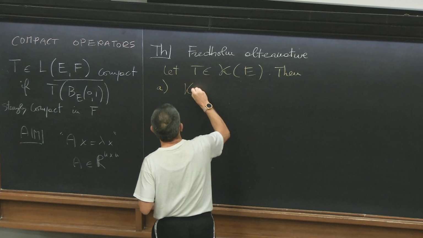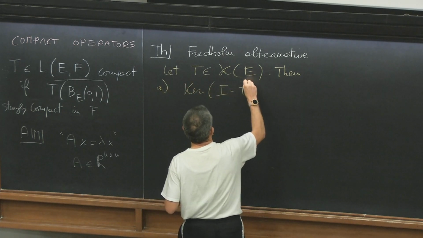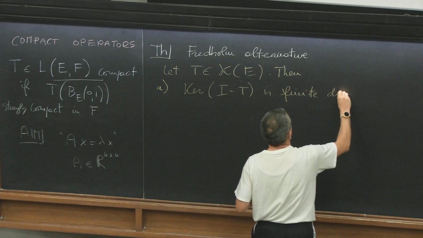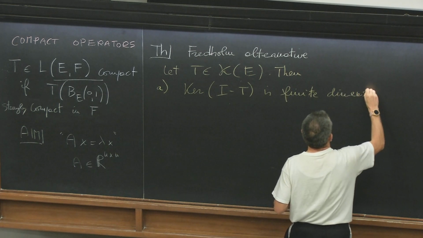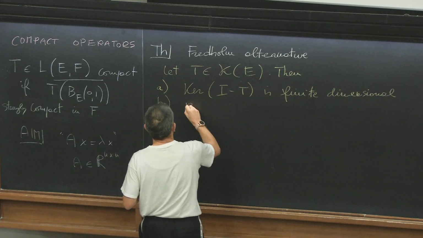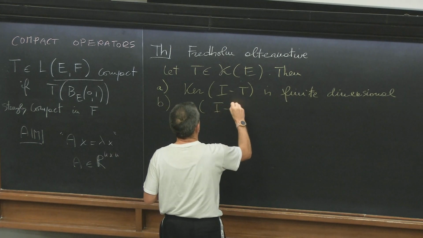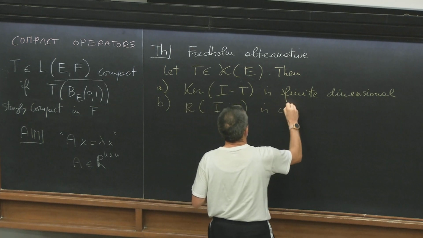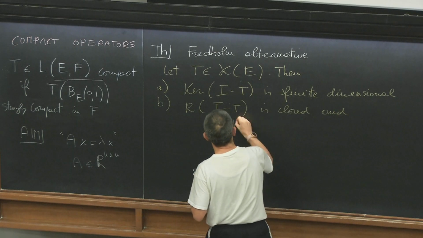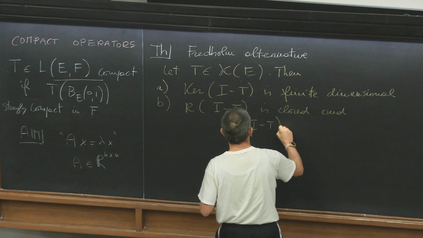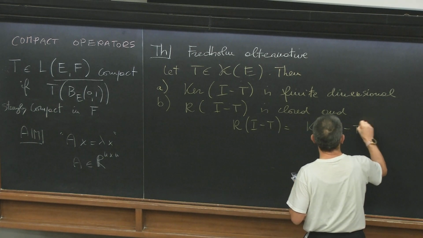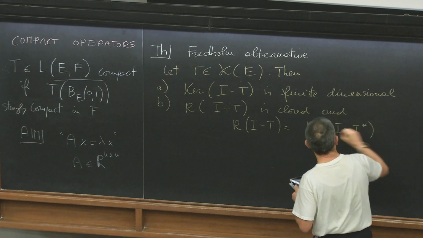So A: the kernel of identity minus T is finite dimensional. B: the range of identity minus T is closed. And this holds in general: the range of identity minus T is the perpendicular of the kernel of identity minus the adjoint.